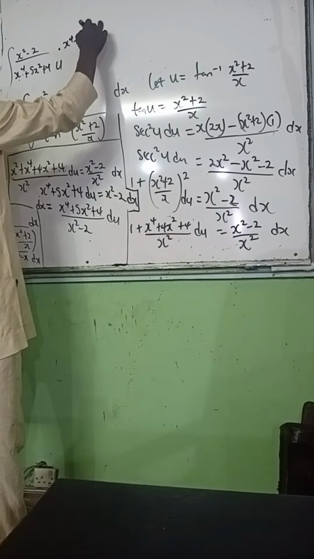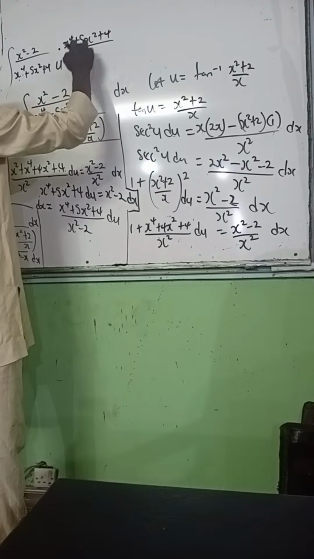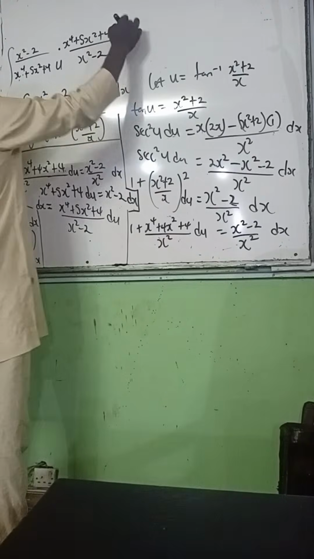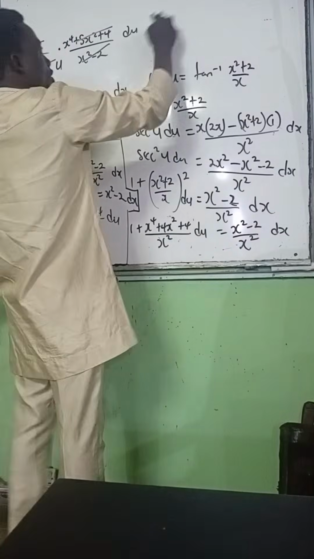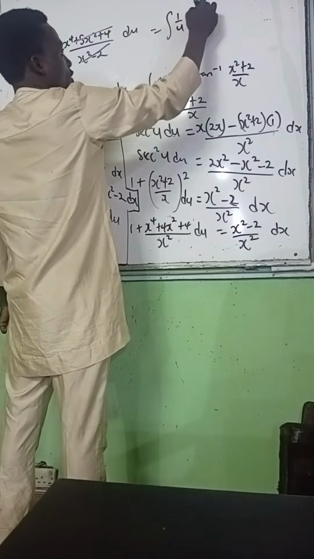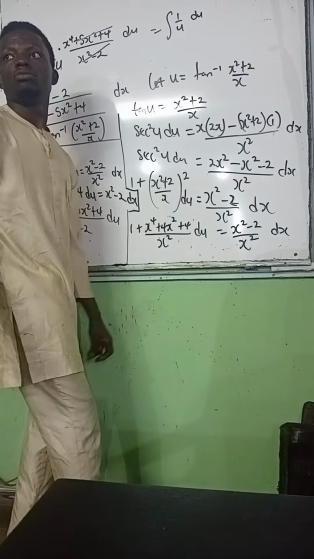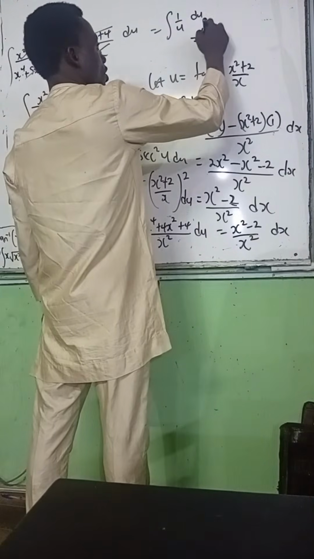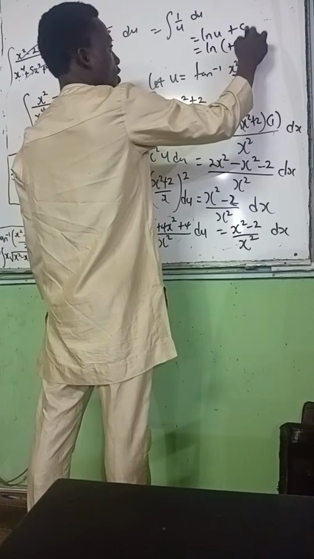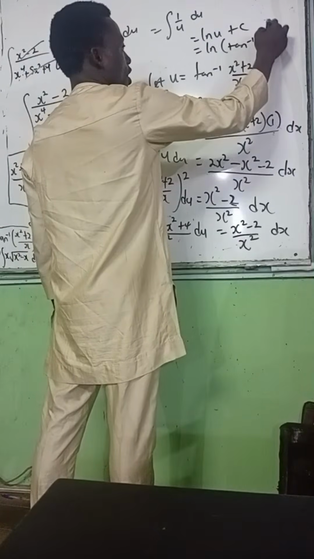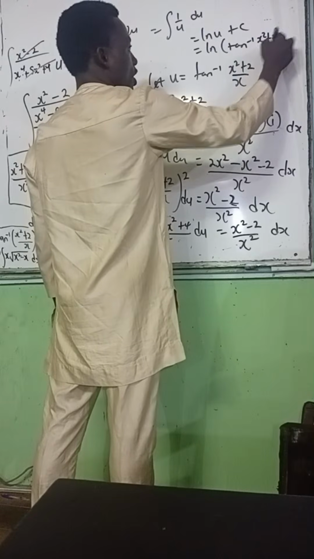Plus 5x squared plus 4 over x squared minus 2 du equals the integral of 1 over u du. That's ln u plus c, equals ln of tan inverse of x squared plus 2 over x, plus c.